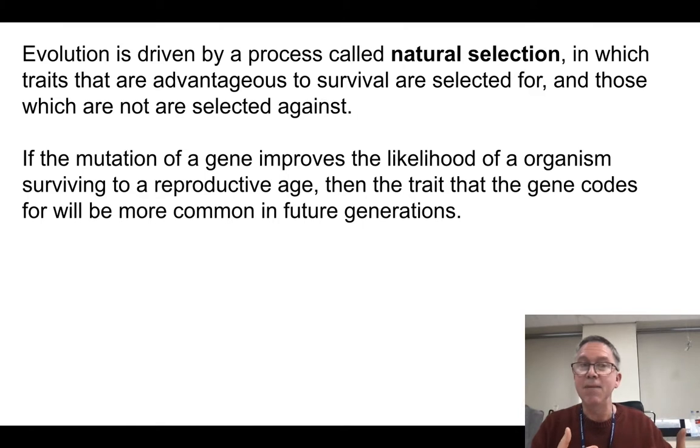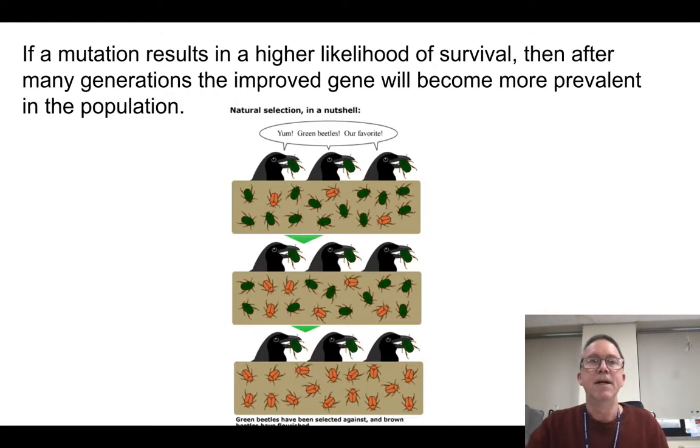And over time, the accumulation of these random modifications of genes, these mutations, ends up causing one species to morph into a different species. All right. So the bottom line with natural selection is if a genetic mutation makes you more likely to survive to adulthood and to be able to reproduce, then that gene is going to become more prevalent over time.